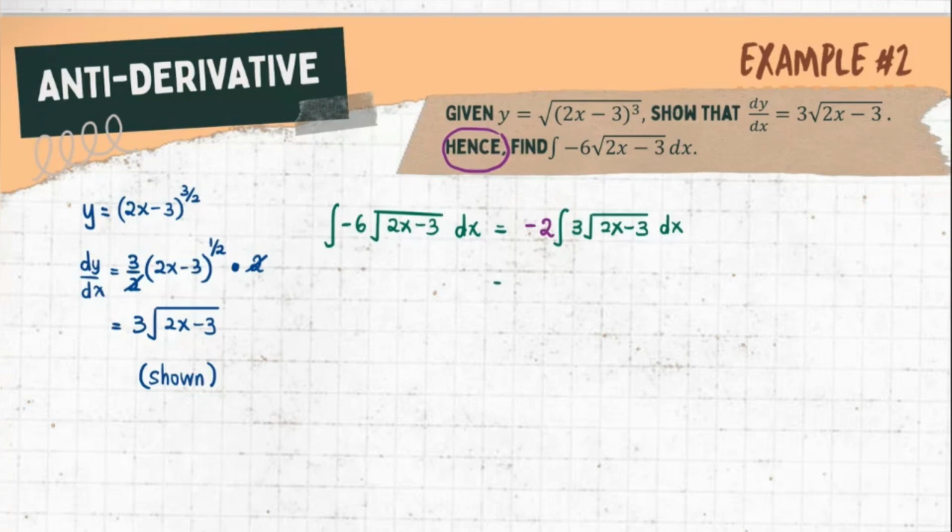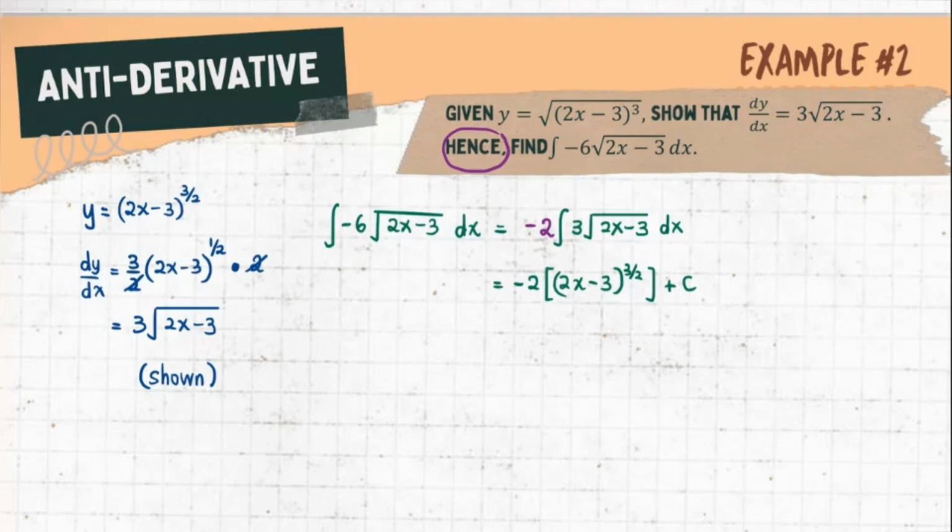So, it will be equals to negative 2 multiplied by 2x minus 3 to the power of 3 over 2. And then jangan lupa plus c dekat belakang. Okay.